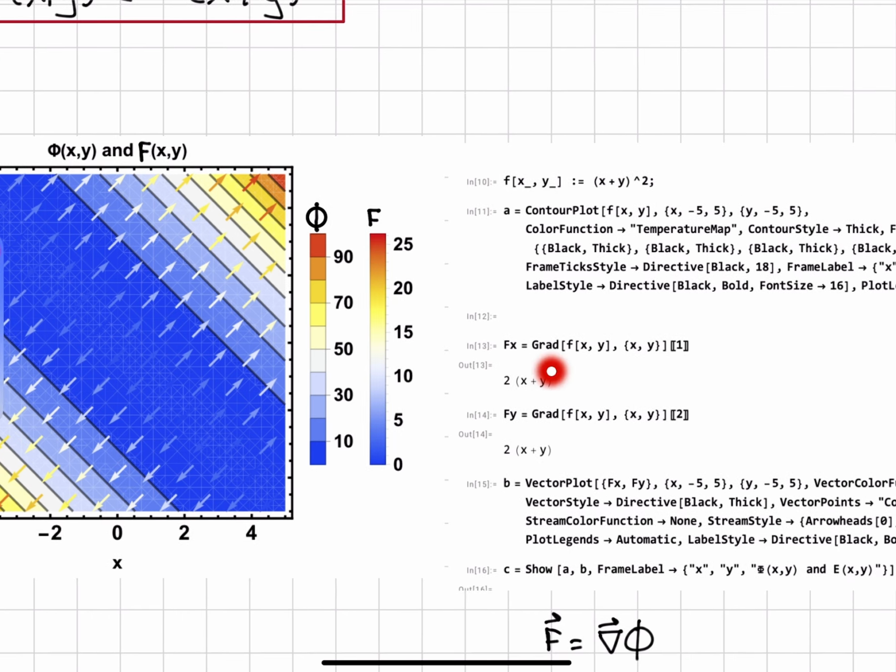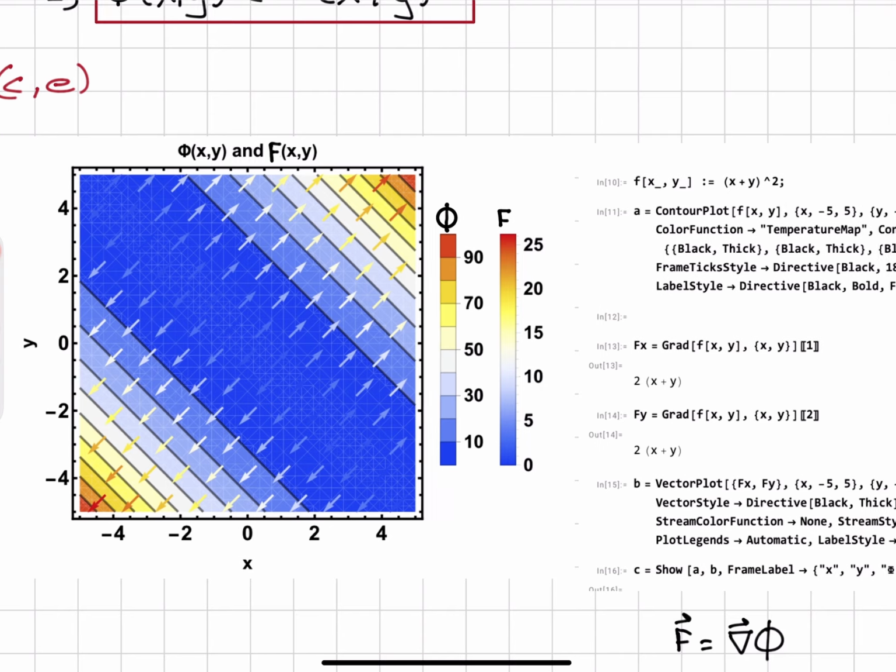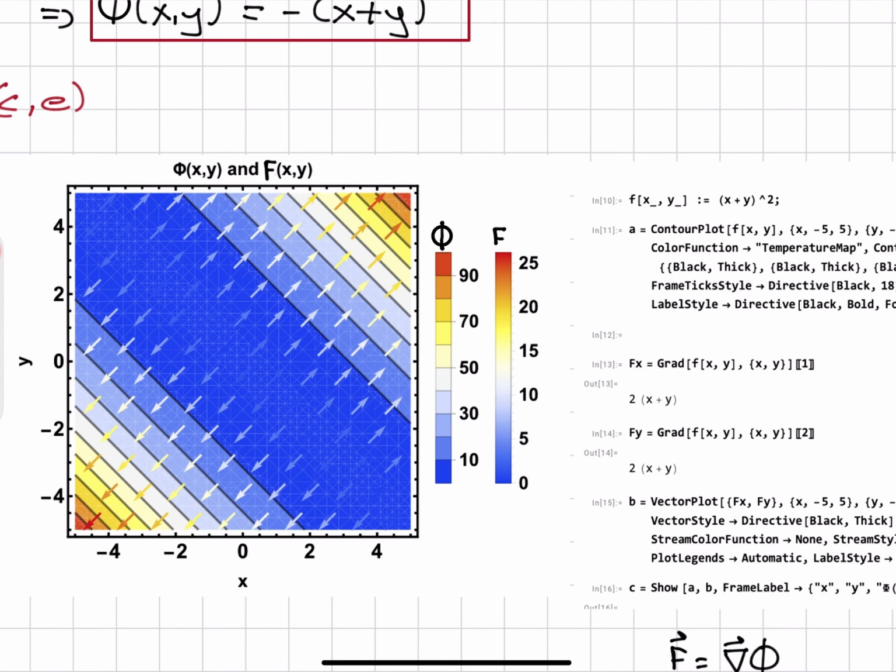And if I take the gradient x component and gradient y component, fx and fy, and I do a vector plot, then I can see that these arrows will show me the vector field, and the color indicates the magnitude. So you can see that when x and y are approaching 0, the force is approaching 0. And when they are becoming large, the force is becoming large. So the temperature map shows that it's getting closer and closer to red.